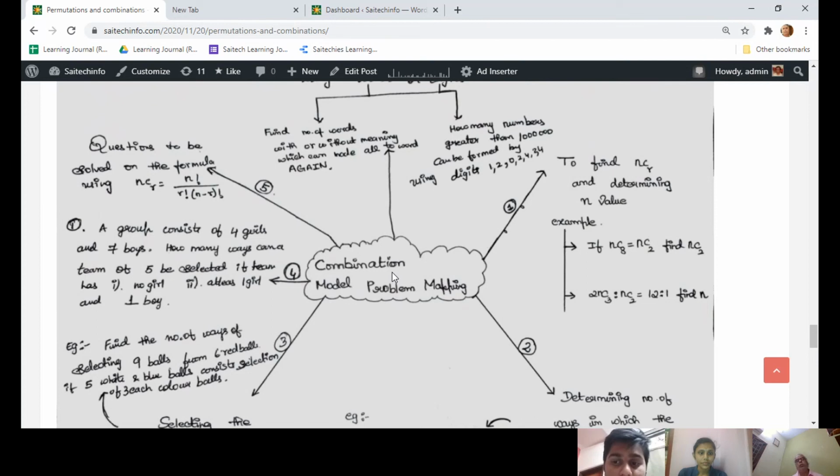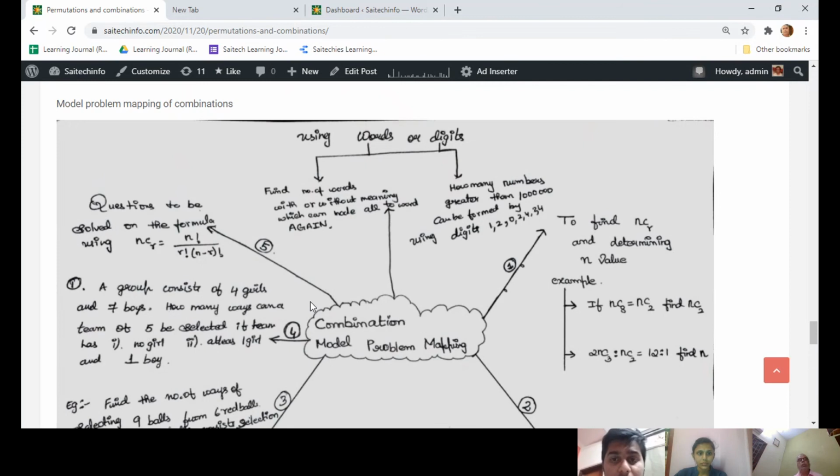So they gave the total number of boys and girls present, and we have to choose a team of 5. By using the formula we should find the number of combinations. In this topic we mostly use the formula nCr equals n factorial by r factorial into n minus r factorial, which is given in the 5th point.